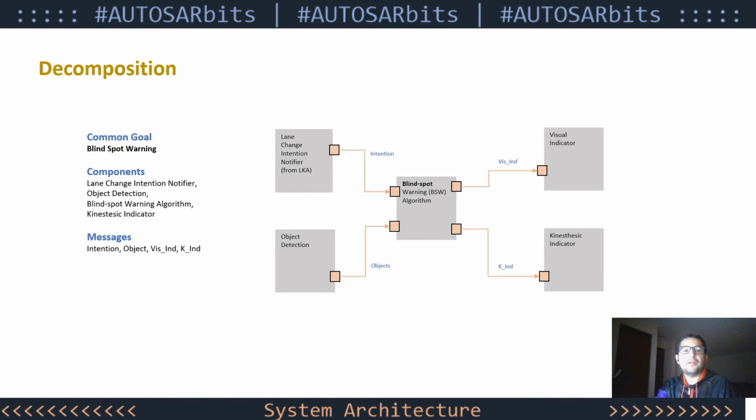For example, here, a function like blind spot warning, we decompose it into these 5 components: lane change intention notifier, object detection, and so on. In this decomposition, we also define the messages that are interchanged between these components.